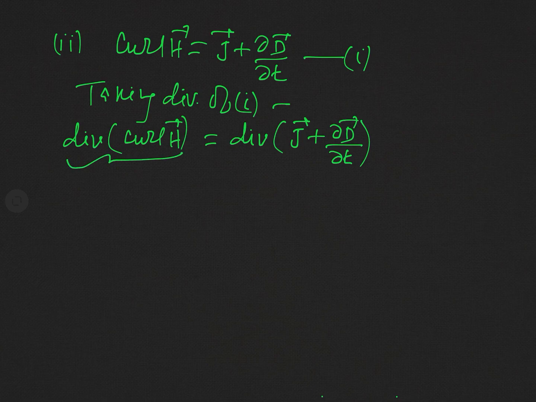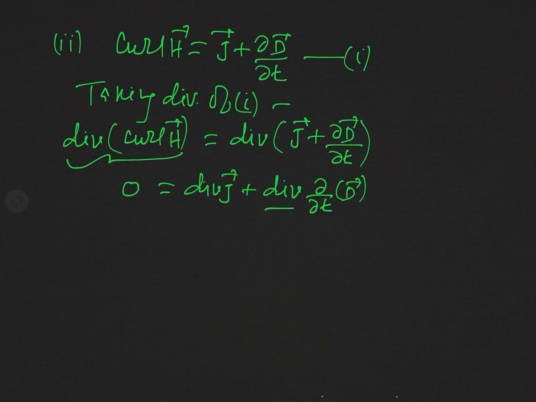And again, you know, divergence of curl of any vector field is 0. So LHS of this equation is 0, and we can write the RHS as divergence J plus divergence del T D. And as you have learnt just now, these two operators, divergence operator and del T operator, may be interchanged.